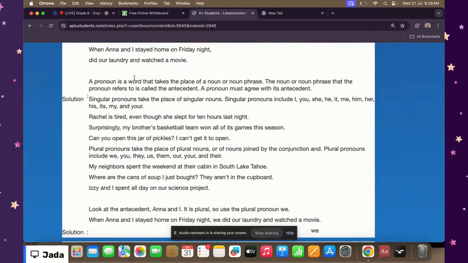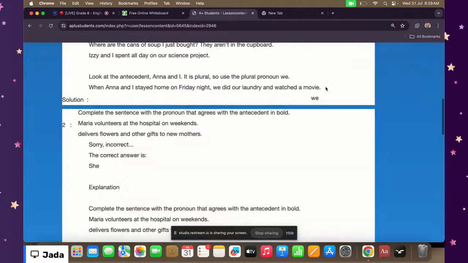Take notes that we said a pronoun takes the place of a noun or noun phrase. The noun or noun phrase that the pronoun refers to is called the antecedent. A pronoun must agree with its antecedent. Just like when we say the name of a person and then you have her or she, you have to make sure that the pronoun and its antecedent agree. If they do not agree, your sentence is incorrect.